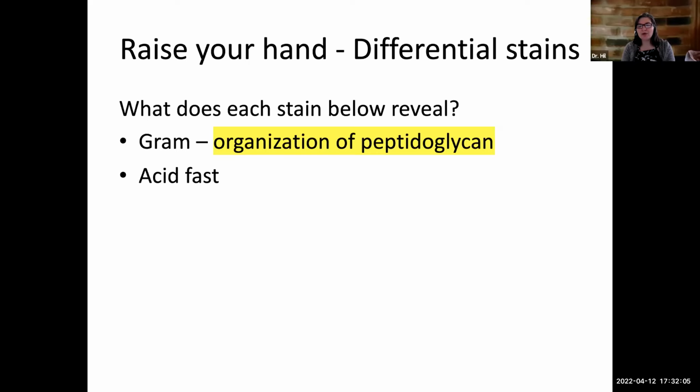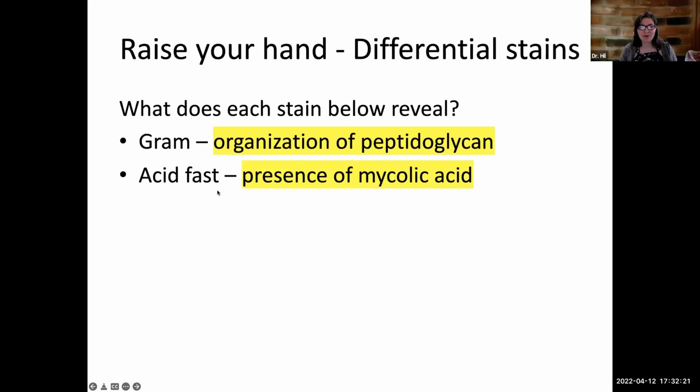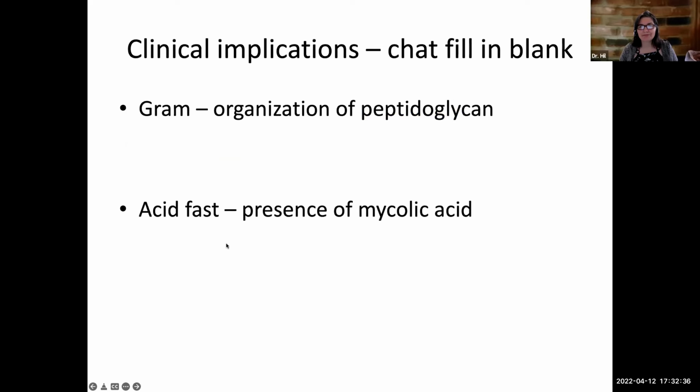That's right, there's a chemical in the wall that is waxy in acid-fast bacteria. It's not present in other bacteria. What is the name of that chemical? Yes, Kelly, it is mycolic acid. So it is the presence or absence of mycolic acid. When mycolic acid is present, which is a waxy chemical, then doing a gram stain or a simple stain is quite difficult because this wax repels normal dyes. So you have to do an acid-fast stain to reveal it.